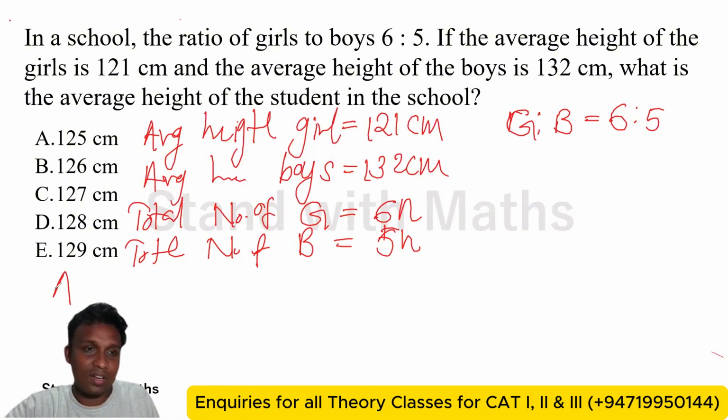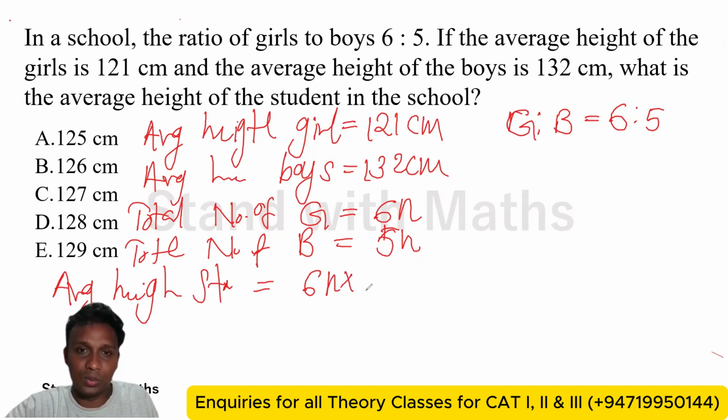So the average height of the students, we can write: 6n into the average height of girls, 121. 6n into 121 is the total height of all the girls.